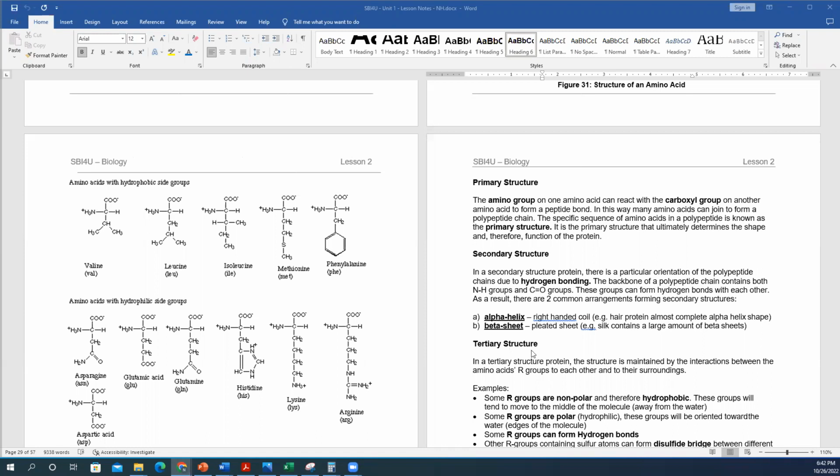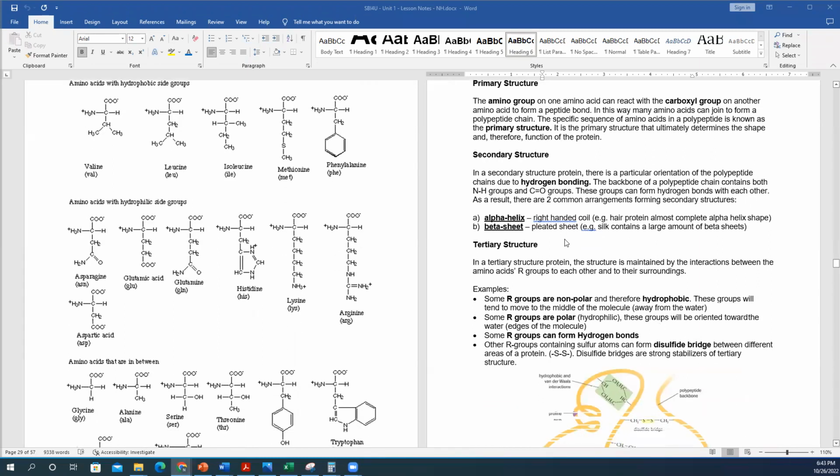And because, remember, these amino acids in their backbone have the amino and the carboxyl groups, these groups are able to form hydrogen bonds with each other. Because of this hydrogen bonding, they're able to form some very stable types of arrangements, which we call secondary structures.